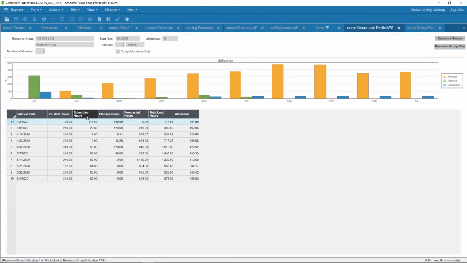This is good information. I can get this information, not this exact information, but I can get some information using the scheduling tool set in MRP. But in an APS environment, if we've got it set up correctly, I can get this information all day, every day, and make informed decisions about what to do with this.